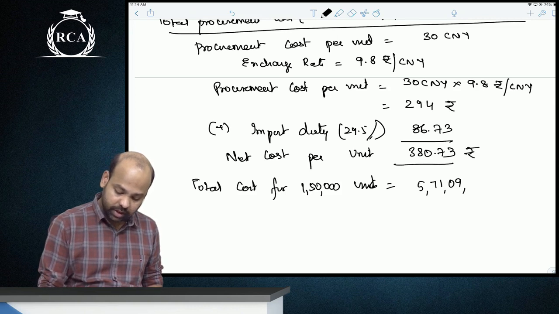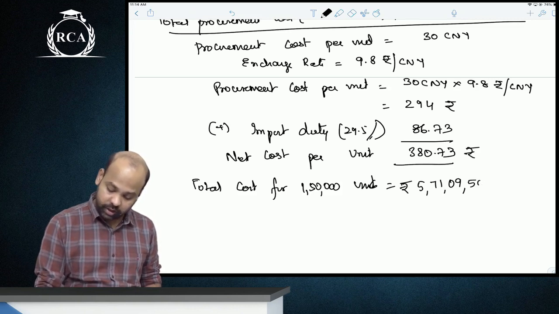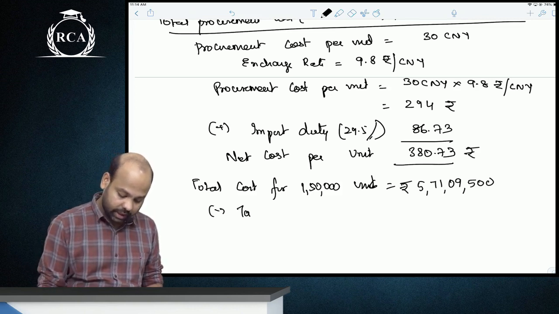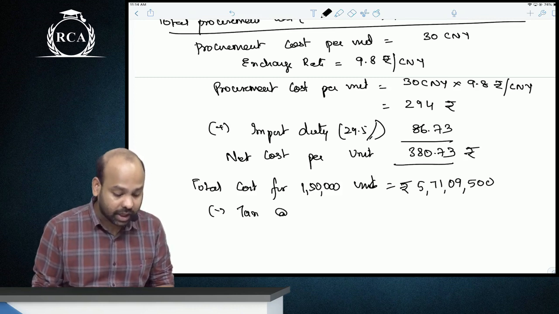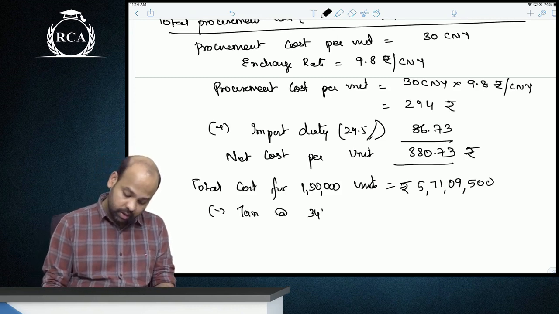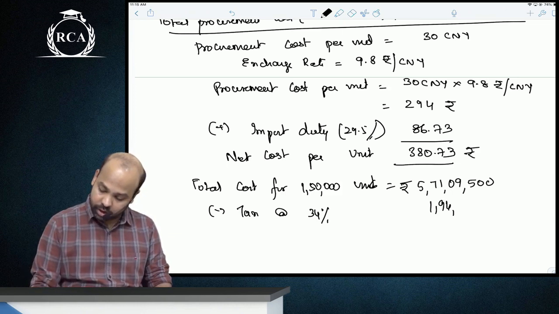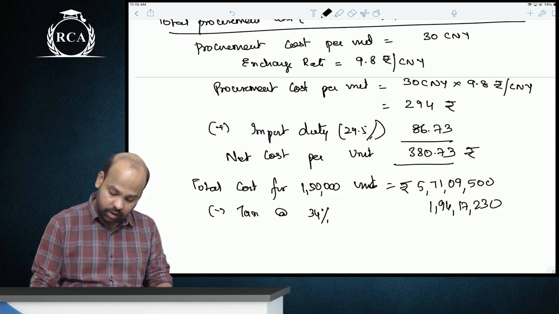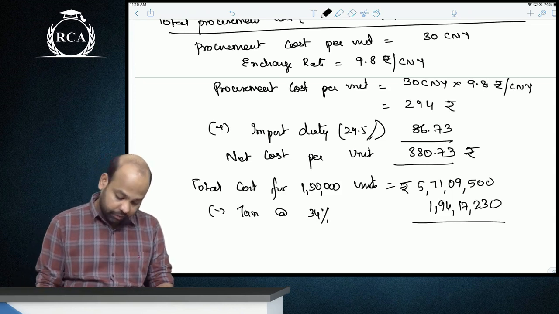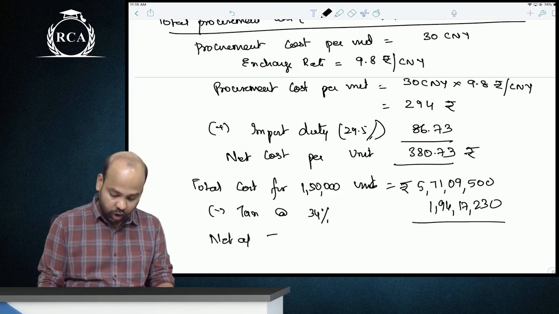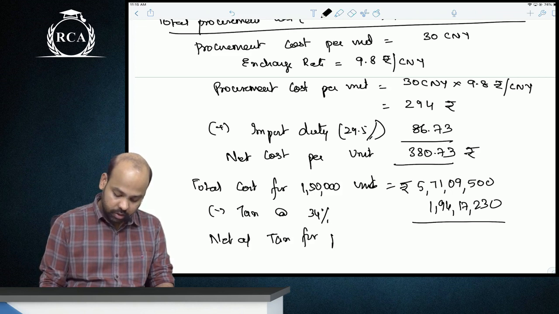This is in rupees, let us not forget. I would write less tax at the rate of, what is the tax in India, 34%. 1 crore 94 lakhs 17,230. Net of tax procurement cost for the Indian subsidiary.